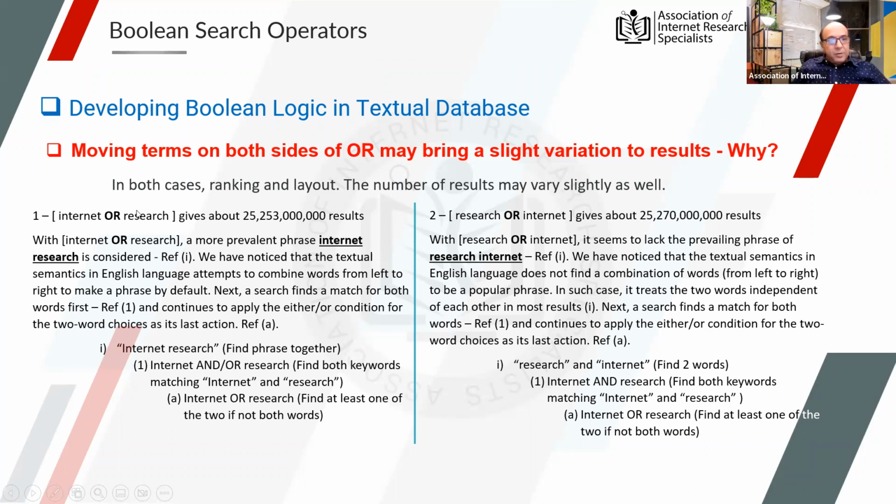It automatically tries to combine internet with research and find internet research as a term. That's the first default action. Second, it's going to find either the word internet as more convenient, or research as more convenient. Either way, it is going to discover internet and research separately.